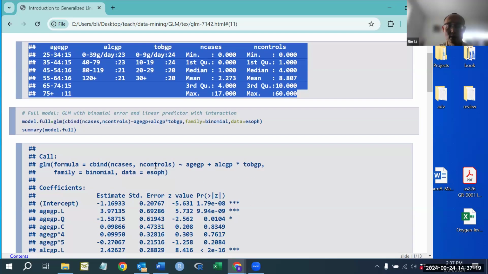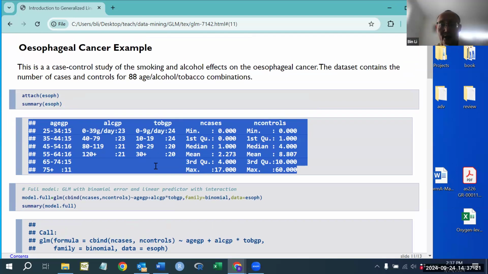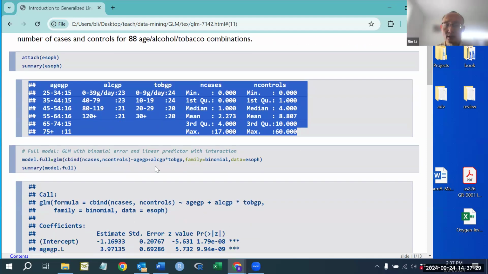So we can find the age, alcohol, and tobacco consumption effects on the cancer rate. We can use the logistic regression.